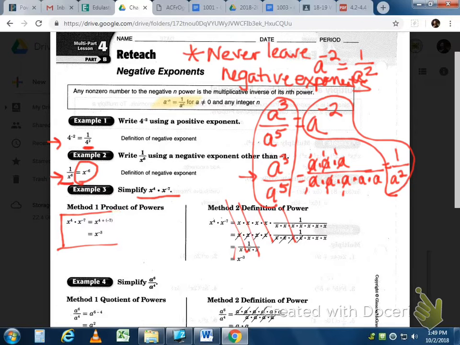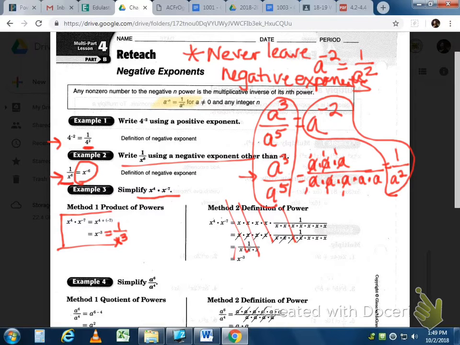We are not leaving that as an answer. How do we make that have a positive exponent, Liam? You put 1 over x to the third. 1 over x to the third would be your final answer. I never want you to leave a negative exponent unless it gives you that in the directions.